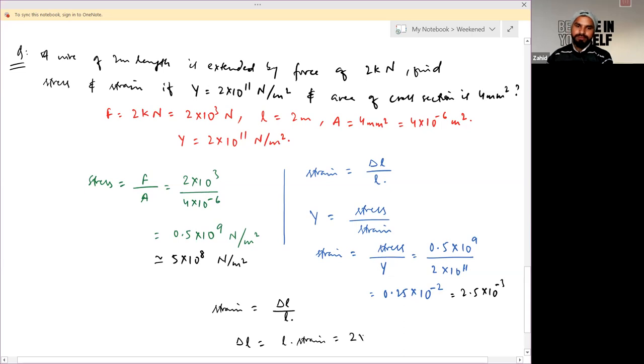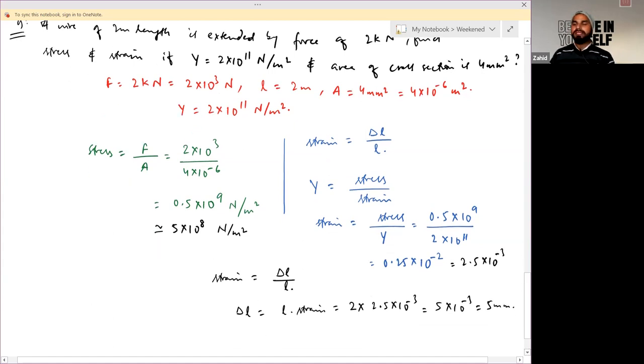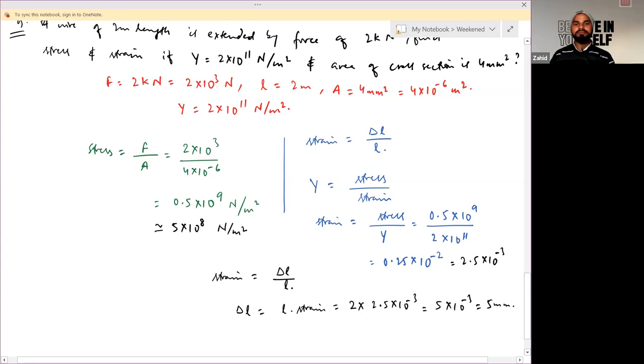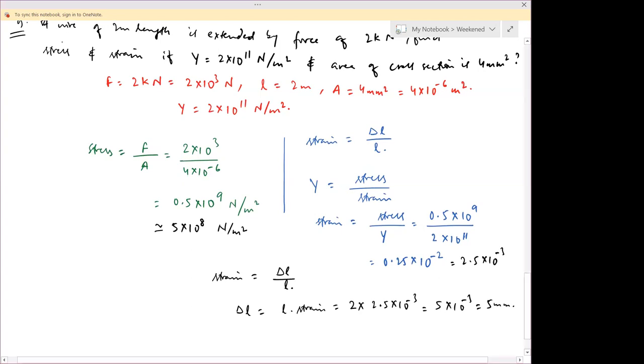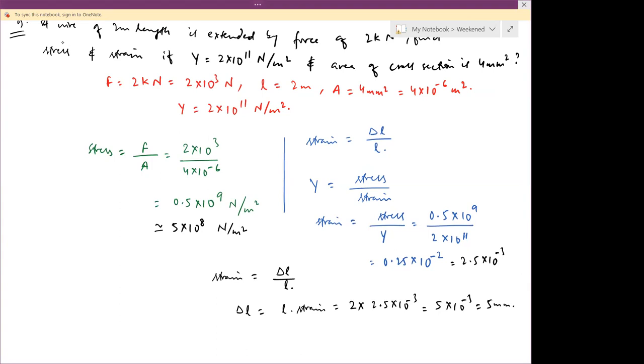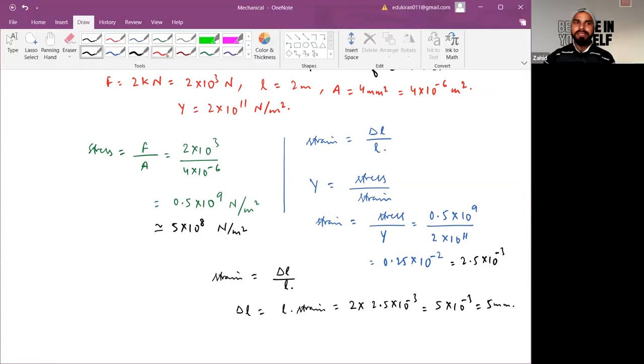Length of wire is 2 and strain is 2.5 into 10 raised power minus 3. So 2 into 2.5 will be 5 into 10 raised power minus 3, or just 5 mm. Is it clear? Yes. Okay. Wahid, is it clear?